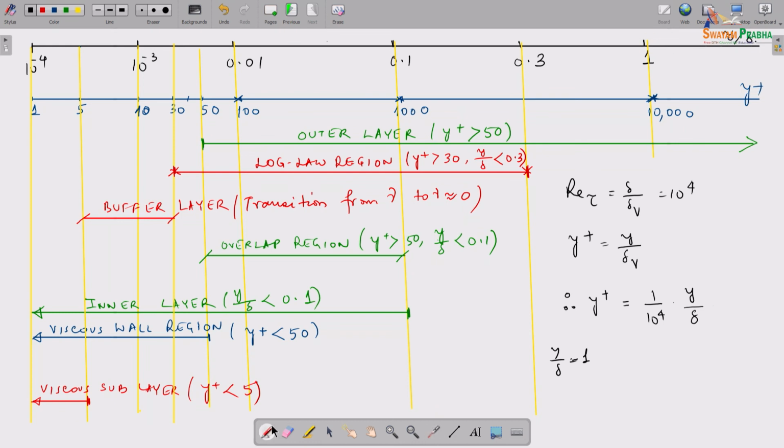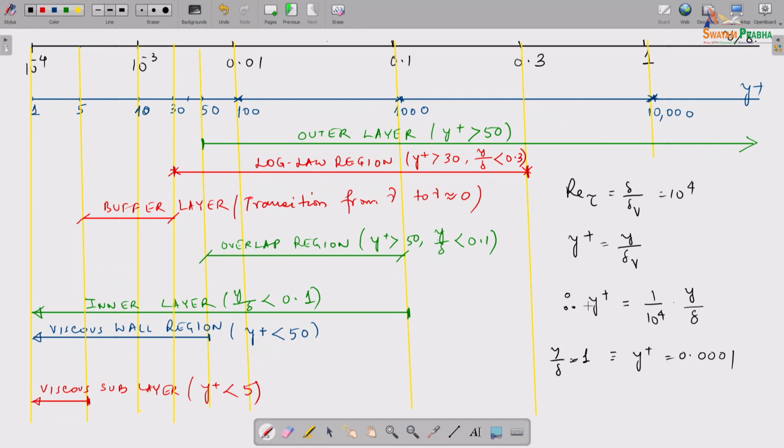So this means that y plus is equal to 0.1, so I guess that it is very, very small. Instead, or rather, if I were to do the opposite, what if I did say y plus is equal to, say, 1,000, 10 to the power 3?